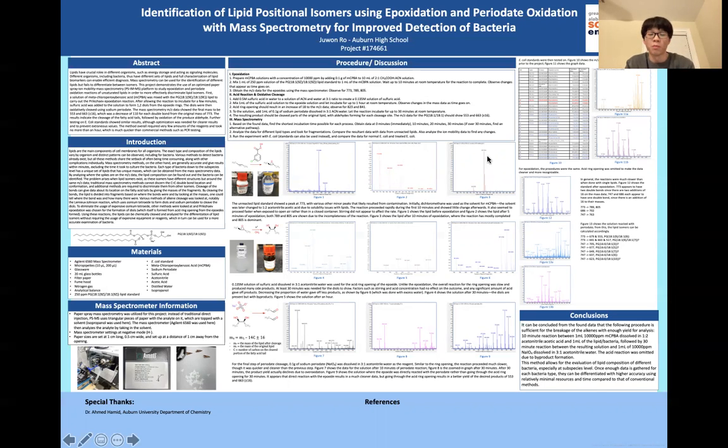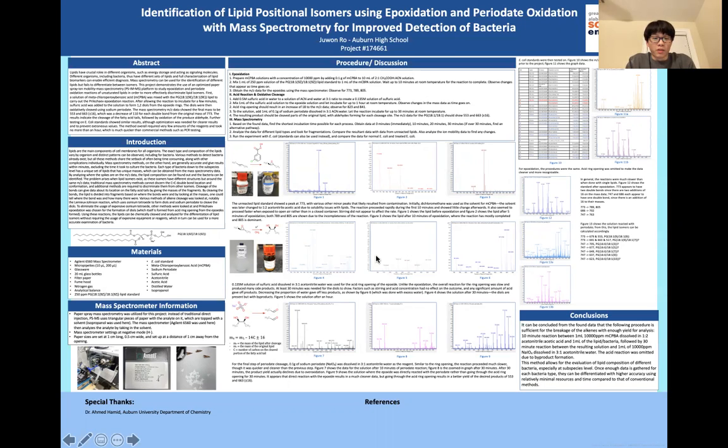And then this is after 10 minutes when the reaction was fully complete. So you can see that the 773 is completely gone. The 789 is still there, but very small, and the 805 is dominant. So a value of 16 was added for each double bond, which indicates that there are 2 double bonds existing within this particular isomer.